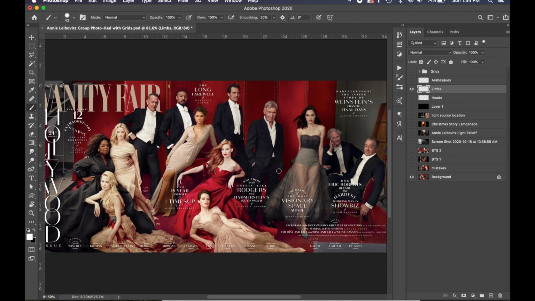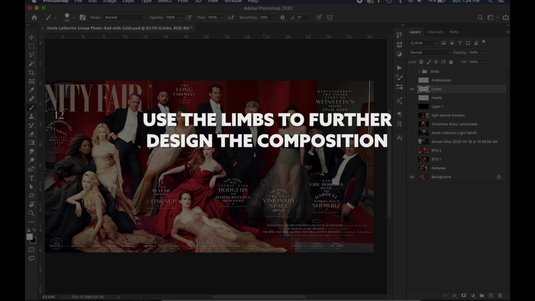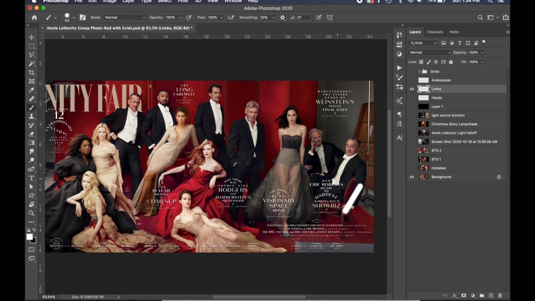What else also helps direct movement is the limbs. So we're just going to mark these up. See how this outfit is creating contrast in a direction. This guy, this dress, this guy's arm, her arm. Just mark them all up.